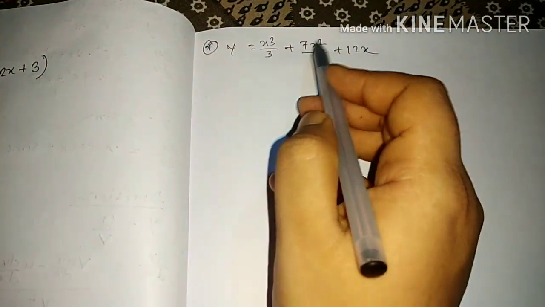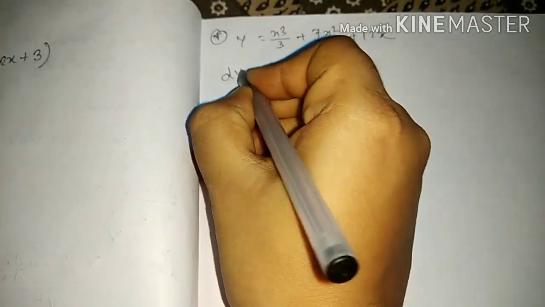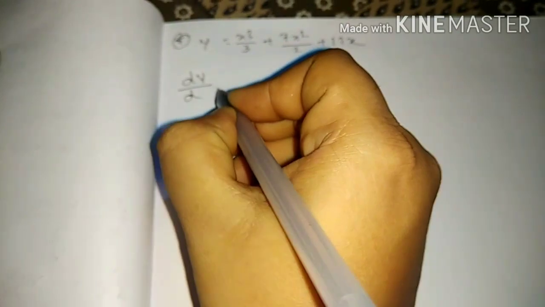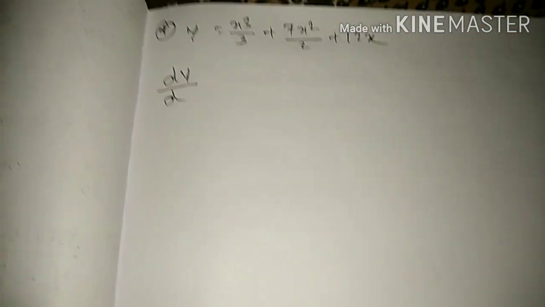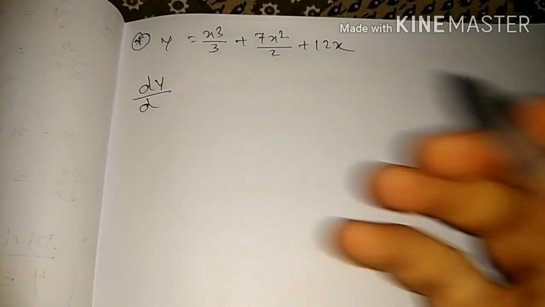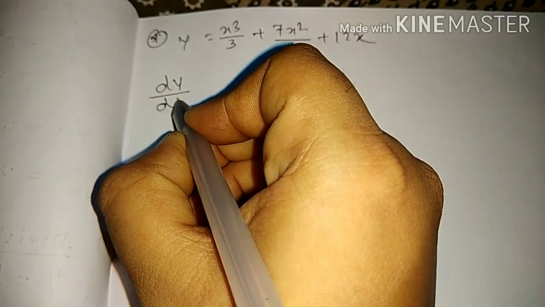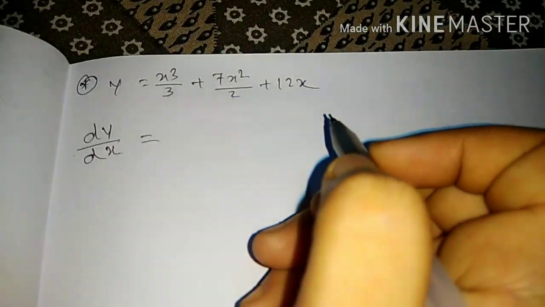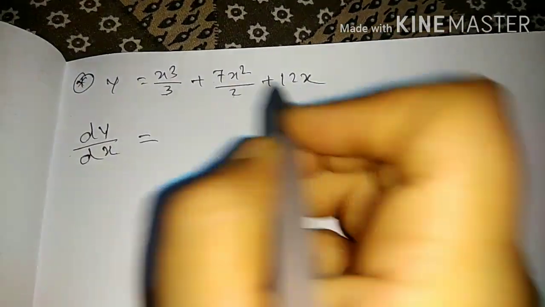y equals x cube by 3 plus 7x square by 2 plus 12x. First you find dy by dx. Some problem is there in the camera.